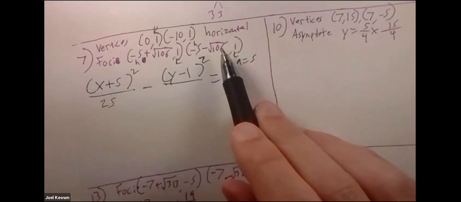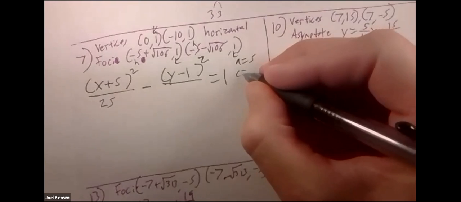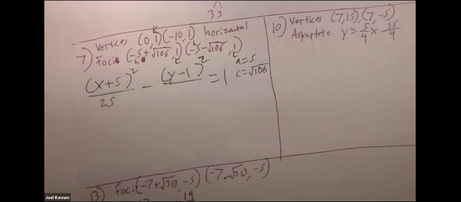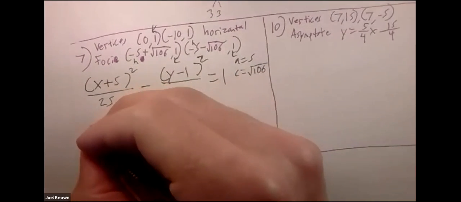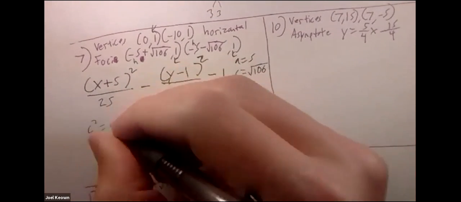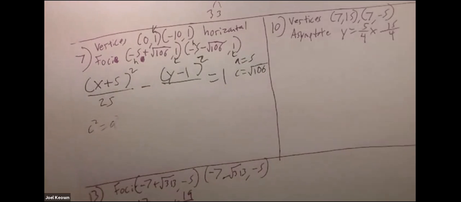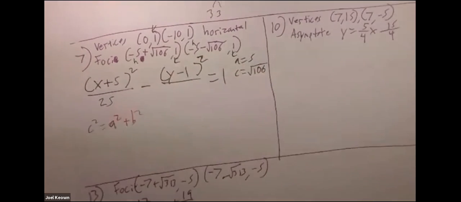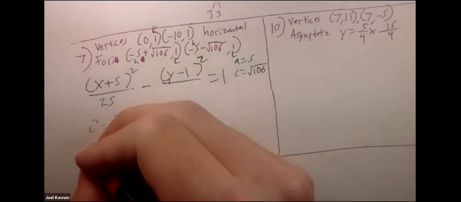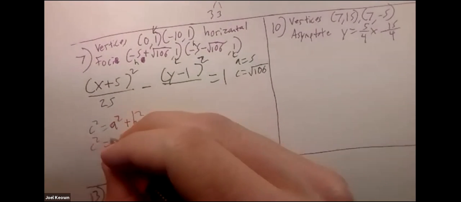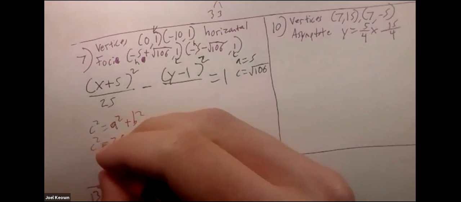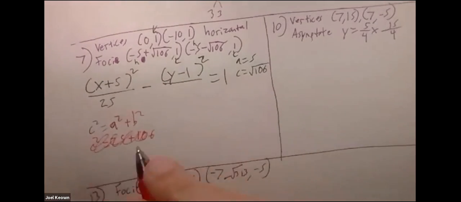I know this value right here is my c. So c is the square root of 106. And then I can use my c squared equals a squared plus b squared. I know c, I don't know what b is.